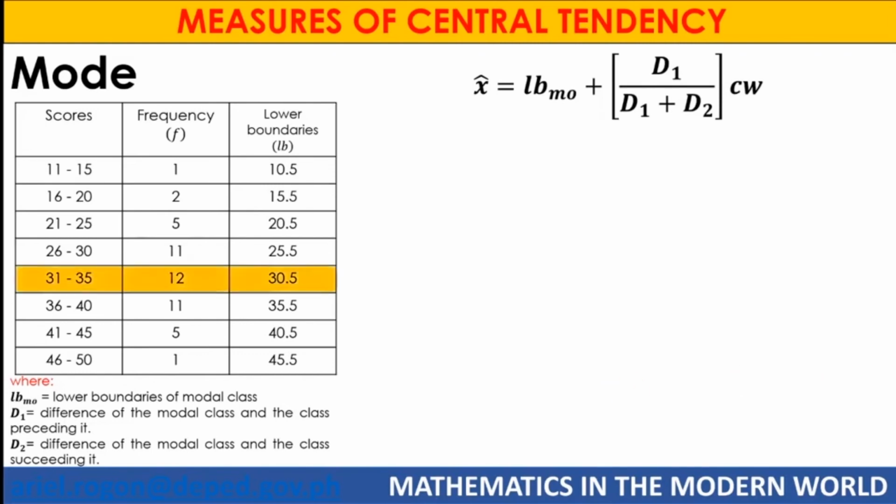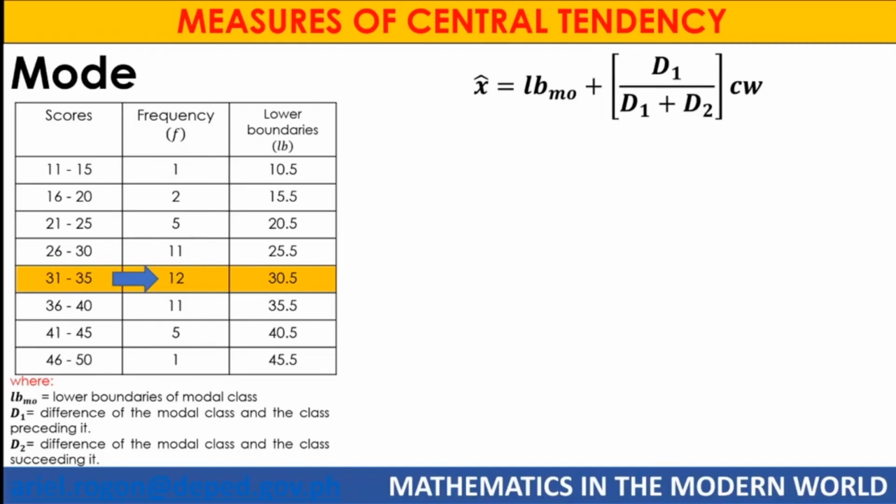In the frequency column, I have highlighted the highest frequency, which is 12, right? So I have highlighted the column of the 12. Therefore, we will focus on that particular column. All the data that we need is in that column. So that is the modal class, the 12.